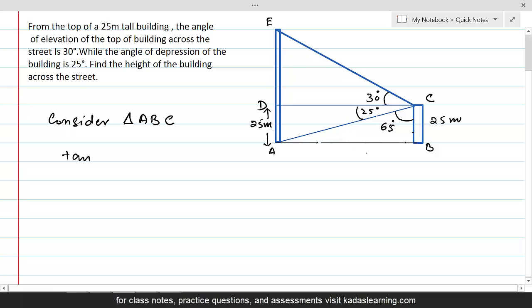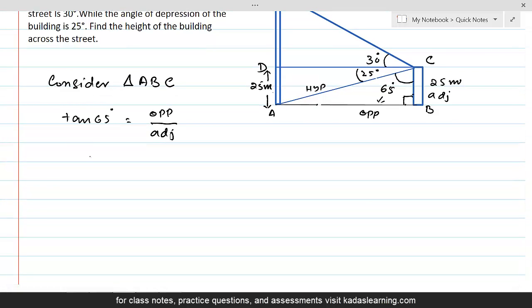So the side opposite to 65 degrees would be called opposite, and BC is adjacent, because if this angle is 90 degrees here, then AC would be the hypotenuse. So tan of 65 degrees would be equal to opposite over adjacent. Opposite is AB, which we are interested in finding the value for.